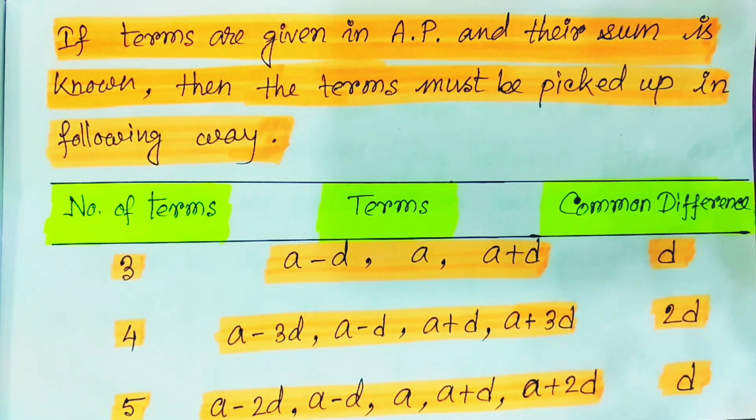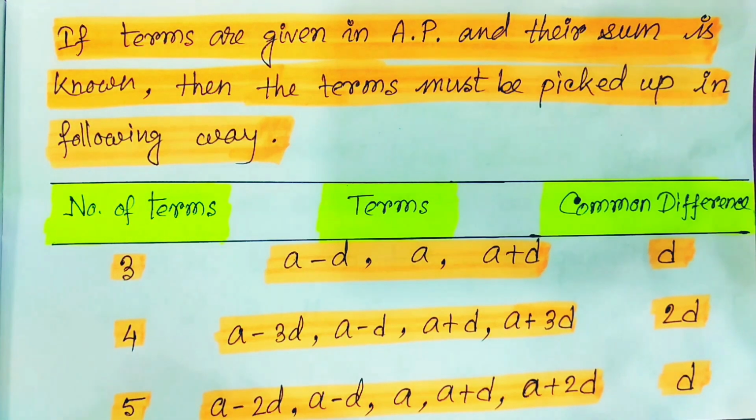One very important aspect of arithmetic progression we should know is the selection of terms. If the summation of a few terms is given, then what terms should we choose? That is an art of selection of the numbers in arithmetic progression.